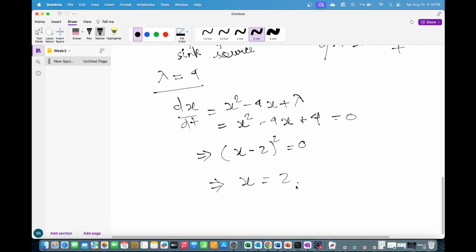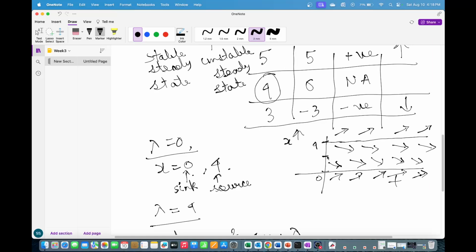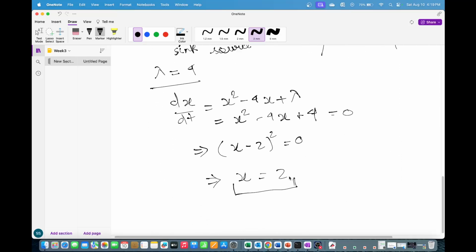So if you check this steady state at x equal to 2, it will be somewhere here. If you draw a line here, from one side, the top side, it will be converging, and from the bottom side it will be diverging. So 2 here is what is known as a semi-stable state.